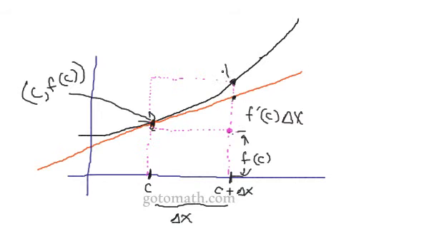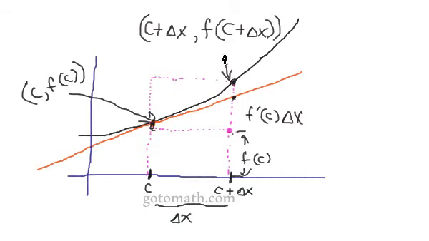This ordered pair we'll write right up here. So this is C plus delta x, and then we'll have f of C plus delta x. And of course we got to close that off. So that's going to be this point right here, the point on the curve.